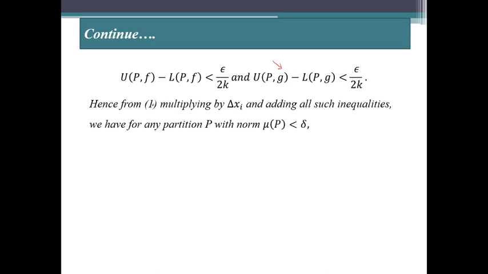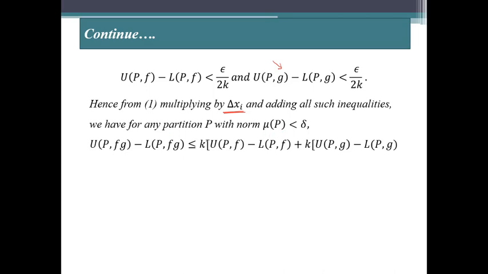Hence from the first inequality, if we multiply both sides by delta xi and add all such inequalities, we have for any partition P with norm mu(P) less than delta, U(P, fg) minus L(P, fg) is less than or equal to k into U(P, f) minus L(P, f) plus k into U(P, g) minus L(P, g). The first value is strictly less than k into epsilon upon 2k, and similarly the second value is less than k into epsilon upon 2k.